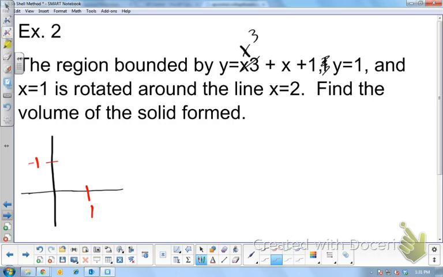So we know the line y equals 1, a horizontal line, the line x equals 1, a vertical line, and then x cubed plus x plus 1. What will that look like just for that tiny space? Let's plug it into our calculator to see. We don't really care about the entire graph. We just care about that little section that we're working with.